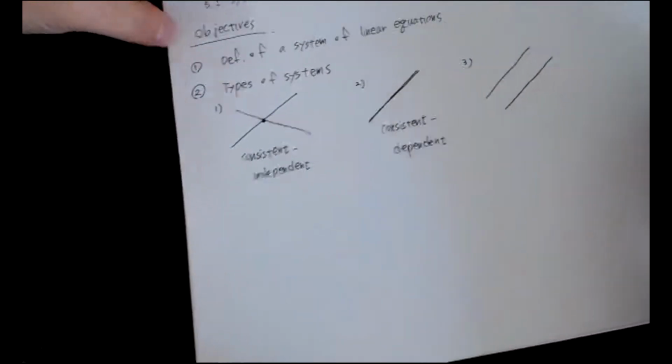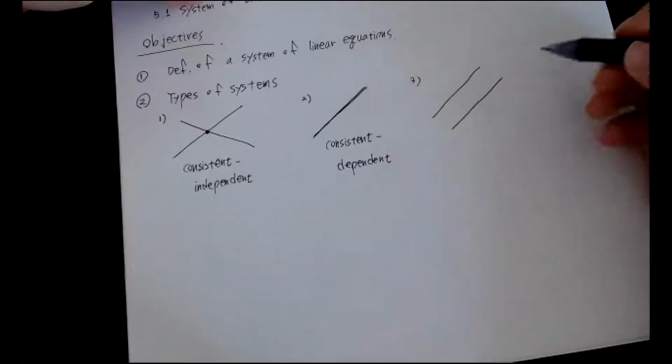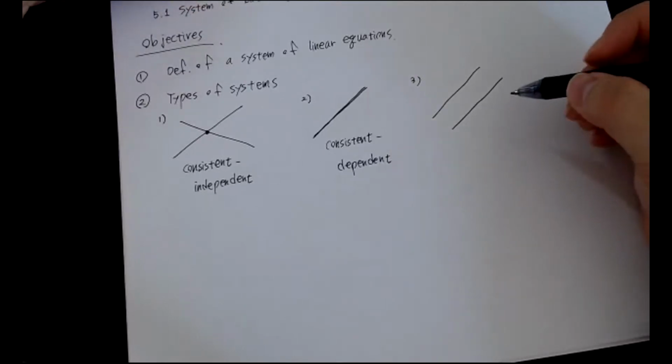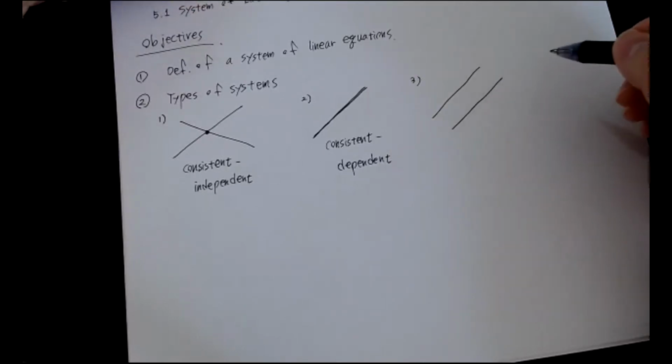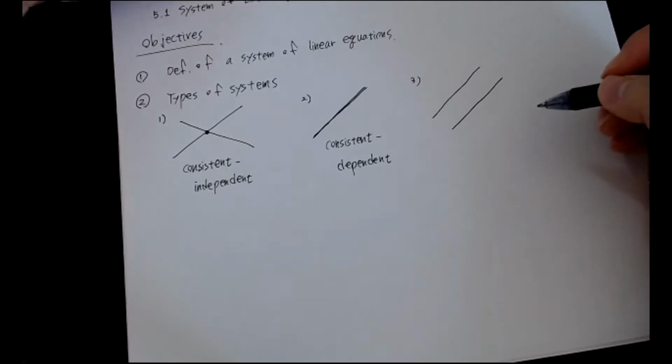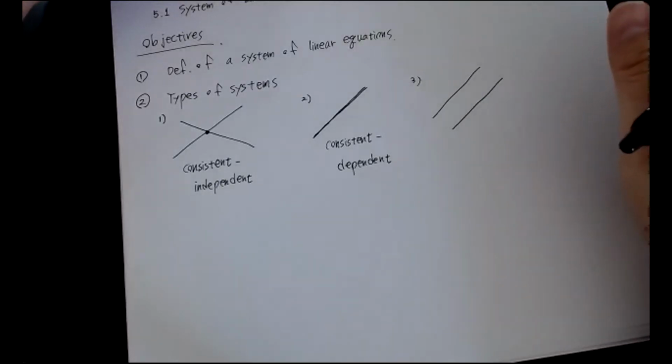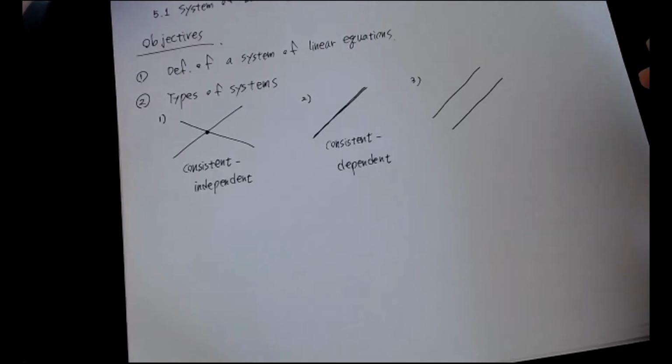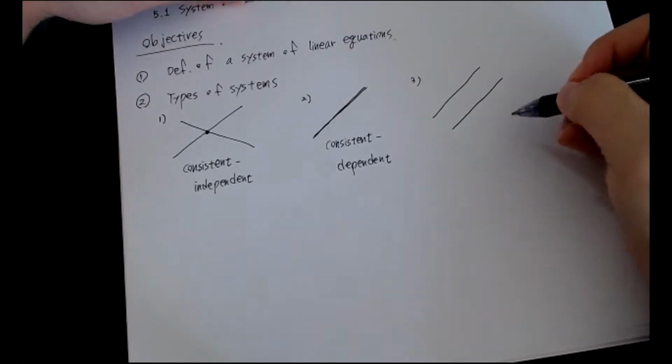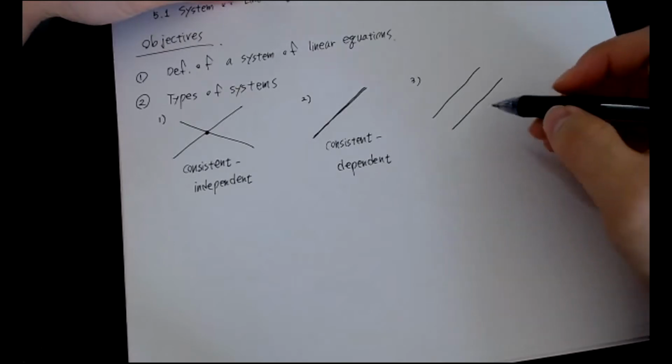And the third one, two lines are parallel, which means their slopes are the same, but the y-intercepts are distinct. Since they don't meet at a point, there is no intersection point, so the system has no solution.